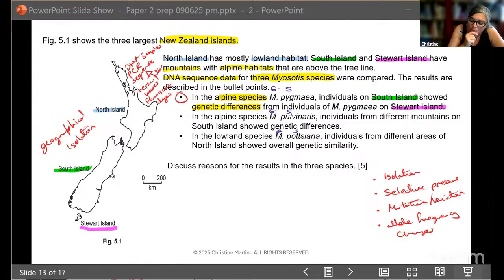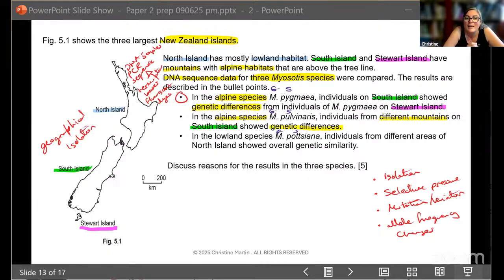So we've done this one, right? Where are we now? In the alpine species, we've got individuals from different mountains, but this time we're on the South Island and they're showing genetic differences. So this time we don't have geographical isolation because of seas or oceans; we've got geographical isolation because they're on different mountains.